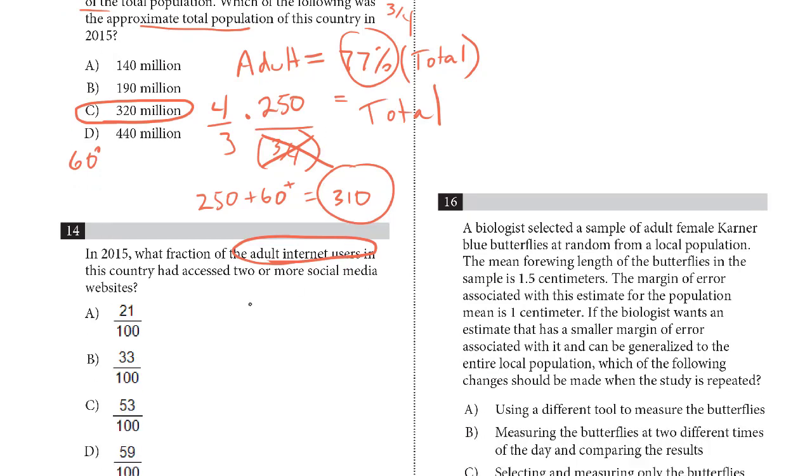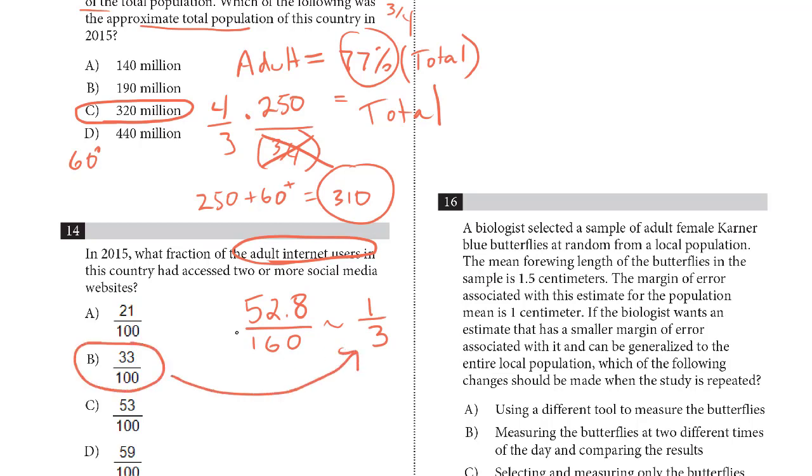So the correct fraction is 52.8 million adults that use the internet two or more times over 160 million adults that use the internet. Roughly, this is about, again using estimation, 1/3. The only answer that's close to 1/3 here is B, 33 over 100.